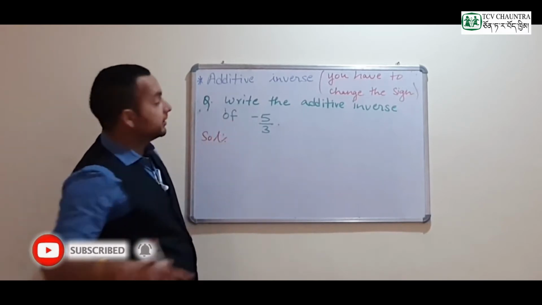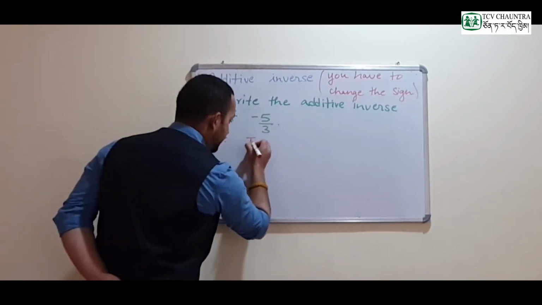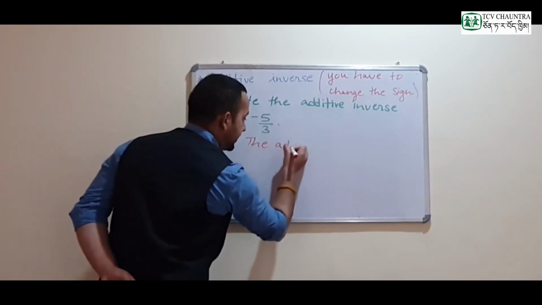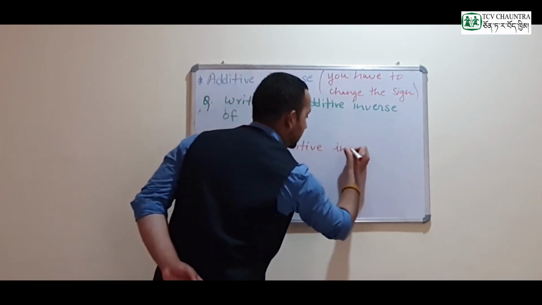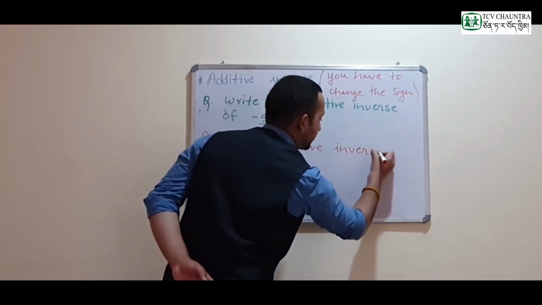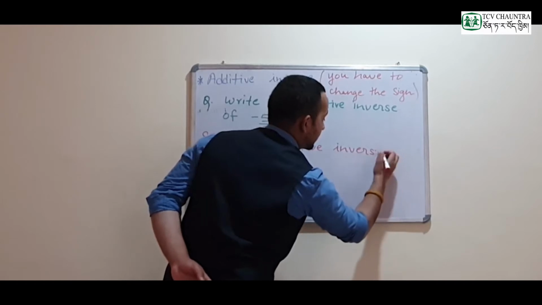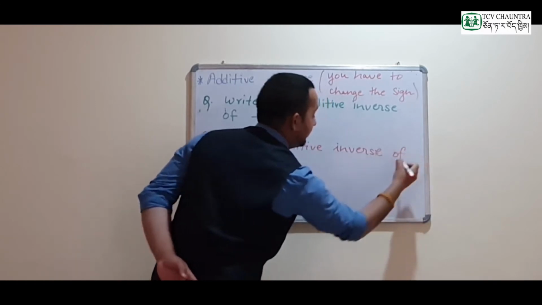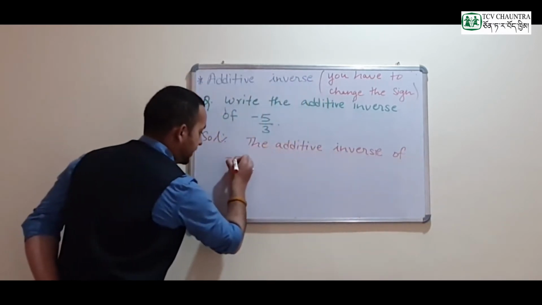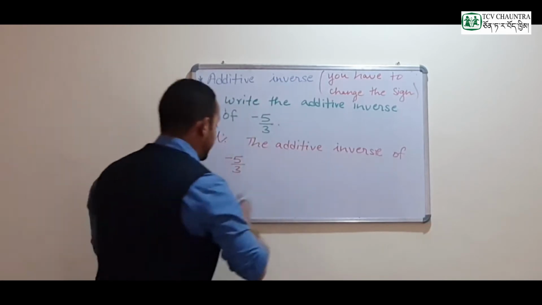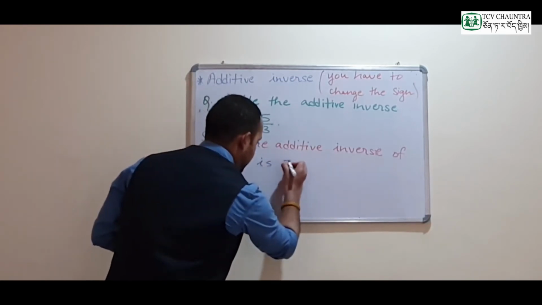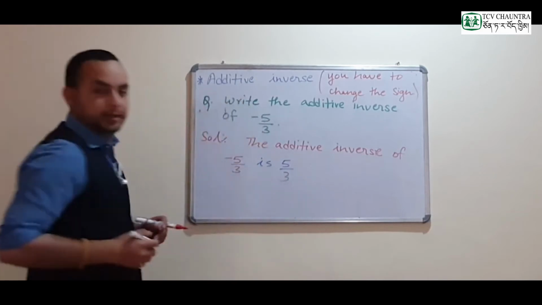The additive inverse of negative 5 upon 3 is 5 upon 3.